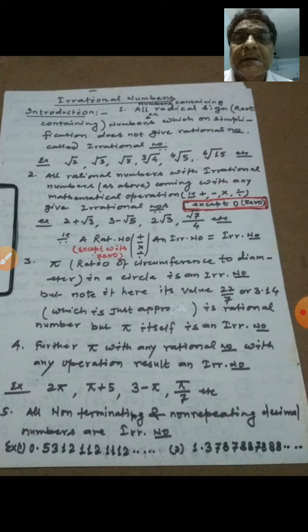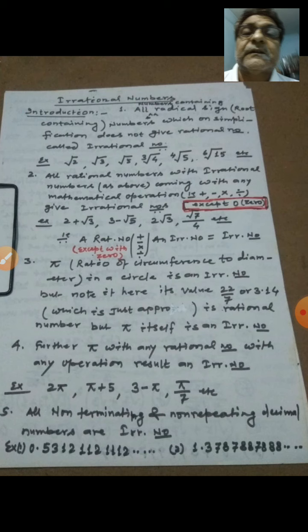Irrational numbers: all root containing numbers, either it is square root or cube root, fourth root, fifth root, you may say nth root. All roots are commonly known as radical sign.